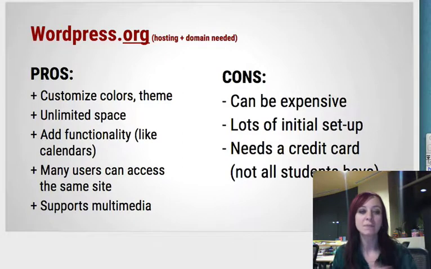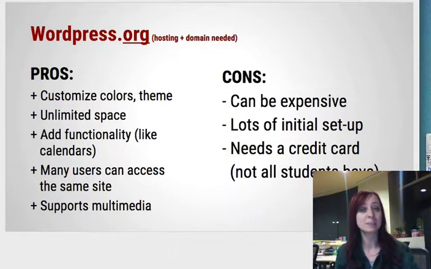You have, depending on your hosting and domain, typically unlimited amounts of space. You can add any kind of functionality you want. Anything open source that's out there, calendars, rosters, staff pages, you can go get it and stick it on your site. You can have as many users as you want accessing the same site, contributing their content, and making changes to the site. It supports multimedia really well.